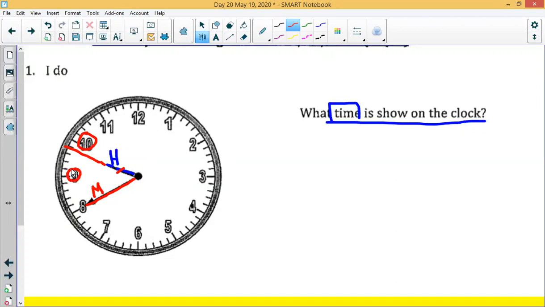Keeping that in mind, it's not quite on the 10, so therefore the hour is going to be 9. So we're going to write 9 and then dot, dot, and we have to figure out the minutes. So our hour is 9. Now pause and let you get that information.